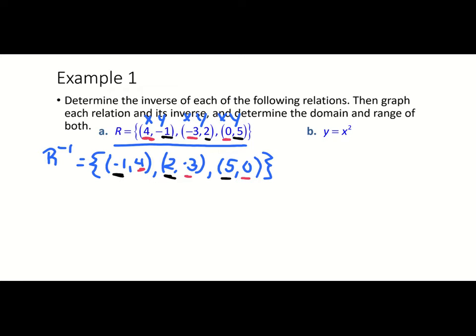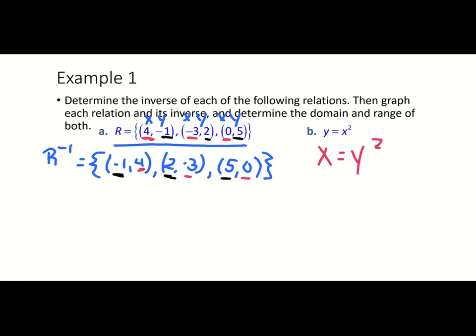All right, for B, we are going to find the inverse relation again. The inverse relation is the set of ordered pairs in which the coordinates are interchanged, so basically for your inverse here, we're going to switch x and y. So we are going to have x equals y squared.